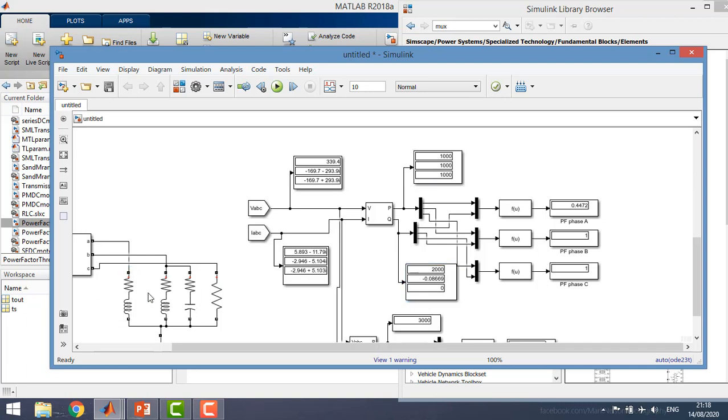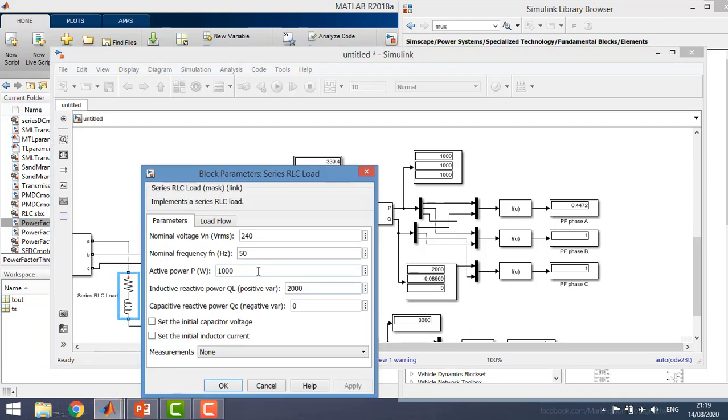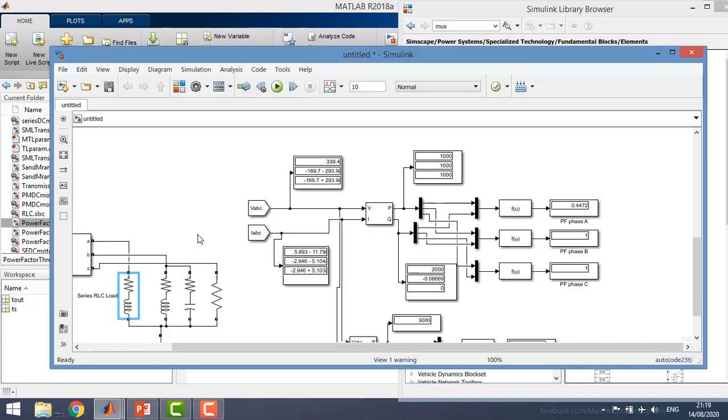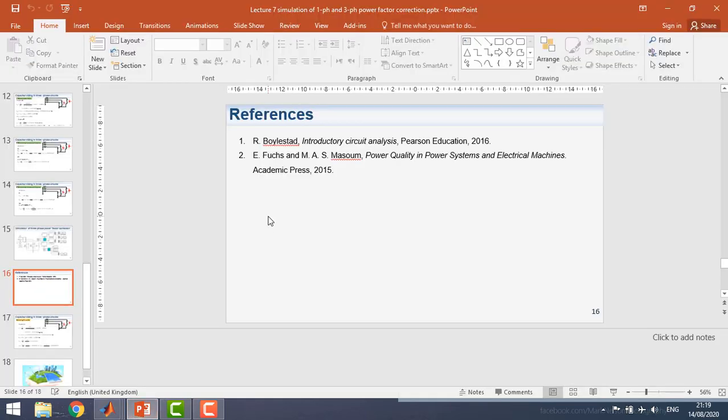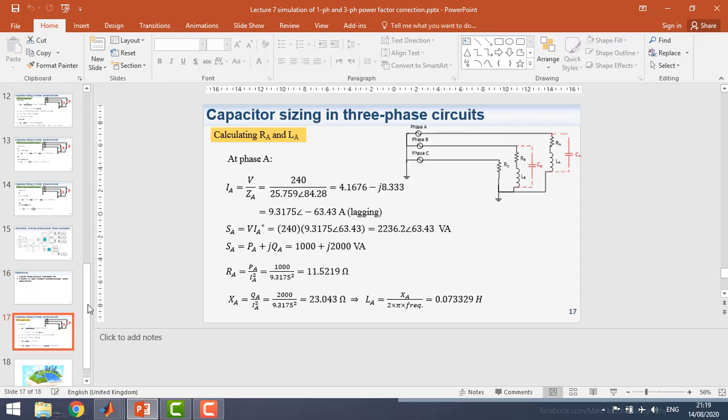Now, if you would like to know how I got these active and reactive power values, I've actually set those values at the beginning and then worked out the value of the resistance and inductance. So these are the references cited in this presentation. So basically I'm assuming that phase A has 1000 watt and 2000 volt ampere reactive or VAR.